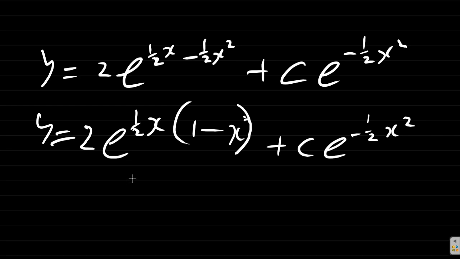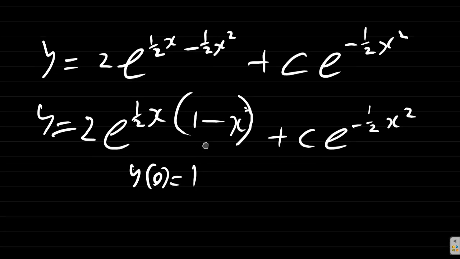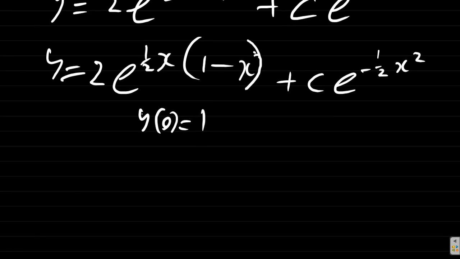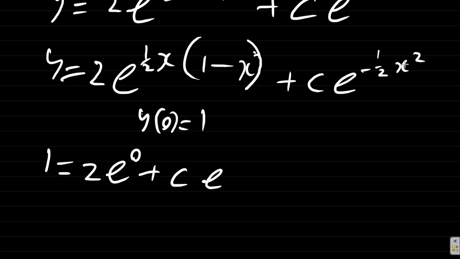Now suppose we're given an initial condition. Let y of 0 be equal to 1. Same as saying x is 0, y equal 1. So that would be 1 is equal to 2 e to the half x, this would be 0, e to the 0, plus c e to the negative half times 0 squared, which is 0.